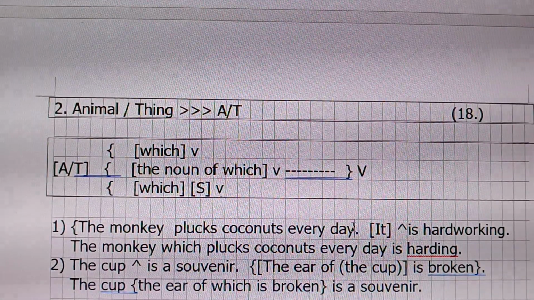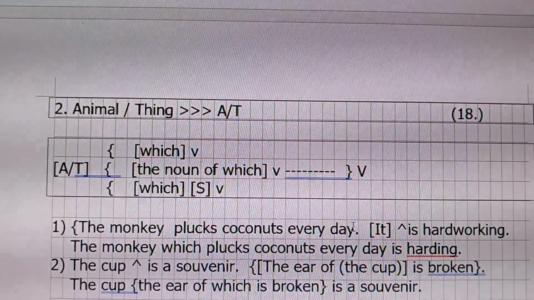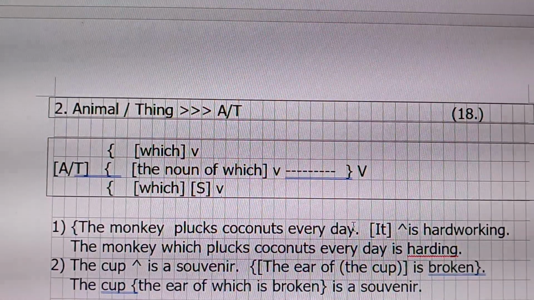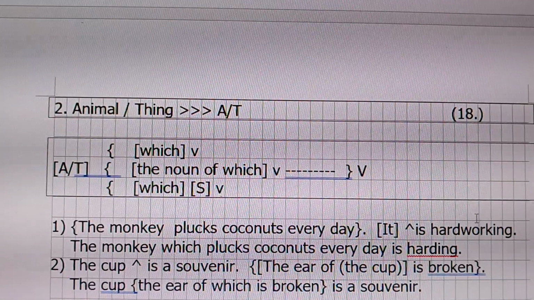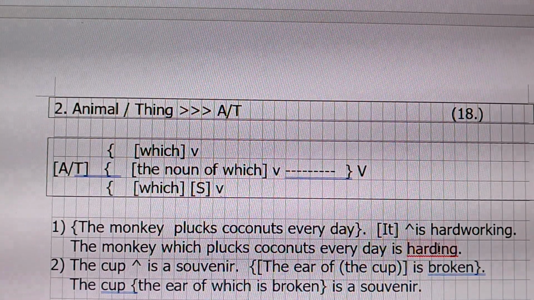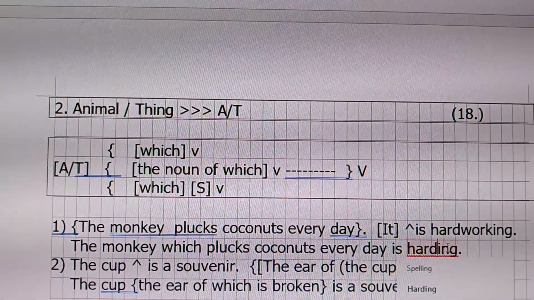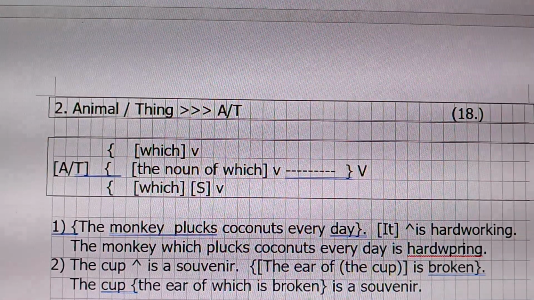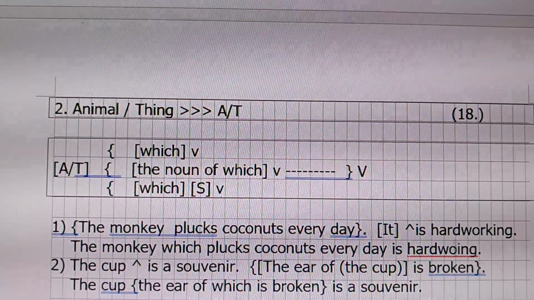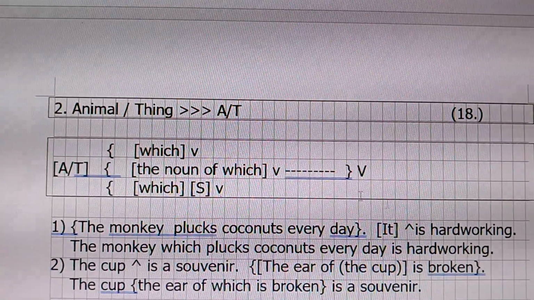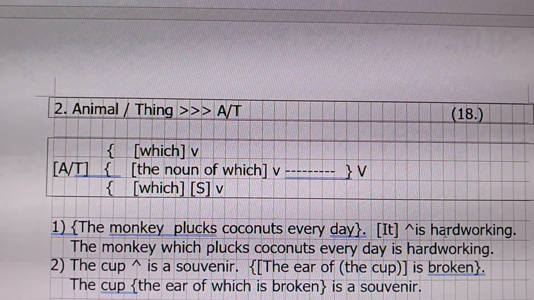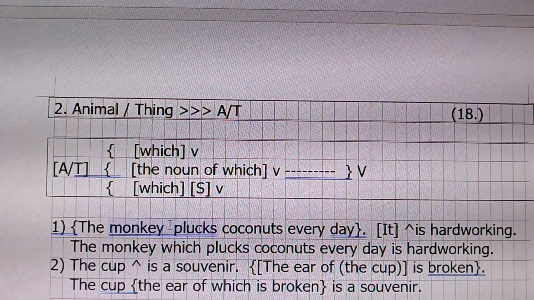So you change it into a monkey, you put the whole clause in, and use which to replace the monkey. Okay. So it is hardworking is the main clause. This one is the subordinate clause.